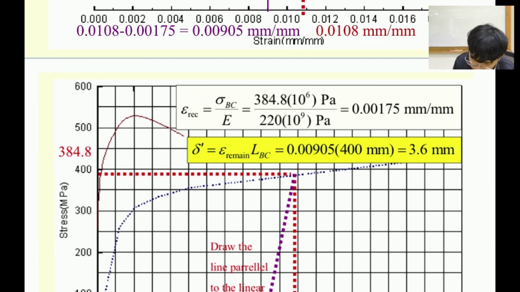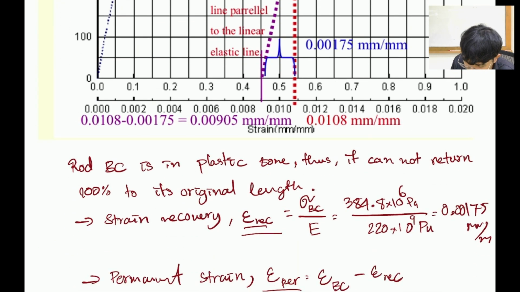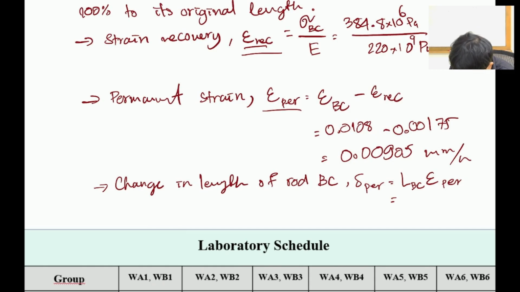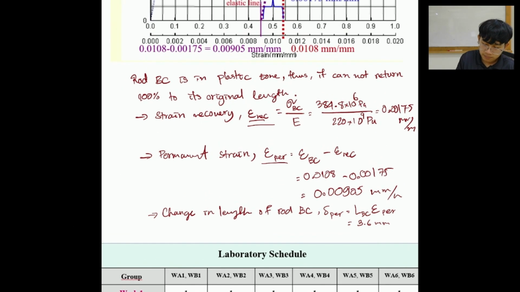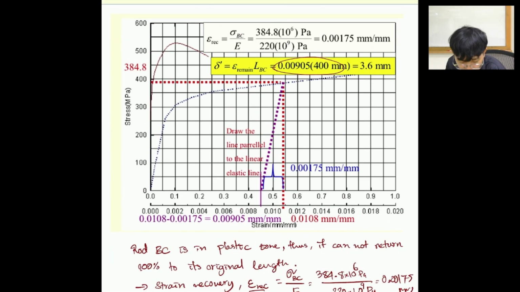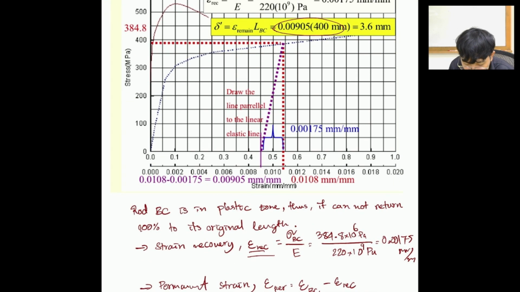So it's going to be this number multiplied by 400 millimeters. So it's 3.6 millimeters.